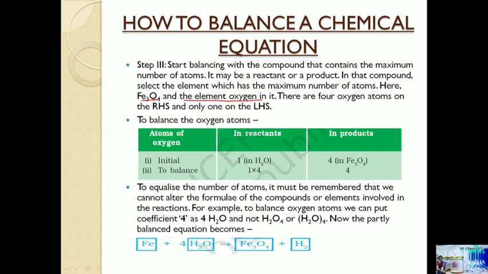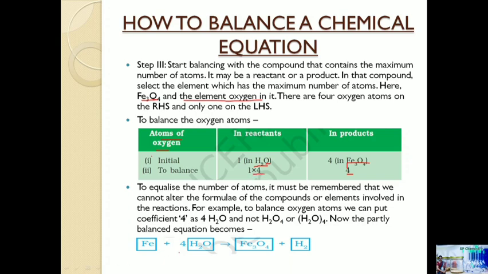So we have to count atoms of oxygen. On the reactant side, in the water molecule, how many atoms of oxygen? Only 1. And on the product side, Fe3O4, how many oxygen atoms? 4 oxygen atoms are there. So to balance the number of oxygen atoms, we have to multiply by 4 on the reactant side.